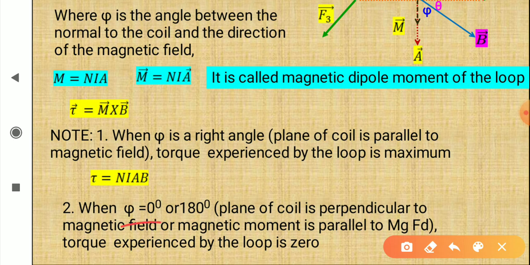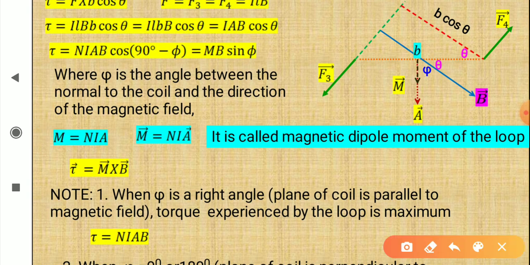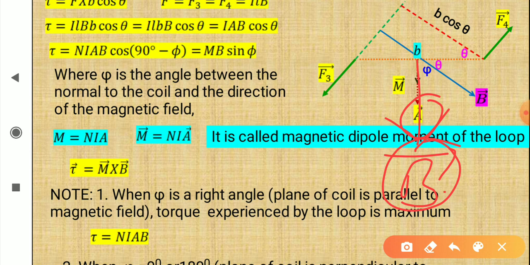And now, when this phi is 0 degree or 180 degree, that means the plane of the coil is perpendicular to magnetic field. Let's look at this one. Phi is 0 means the magnetic field is along this direction. That means the area vector and magnetic field are along the same direction, or magnetic moment, magnetic field, area vector are along the same direction.